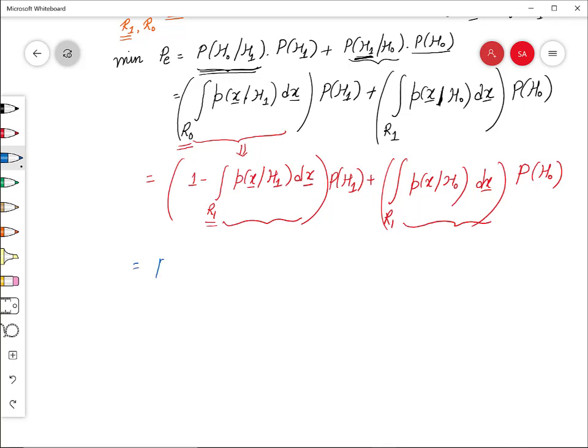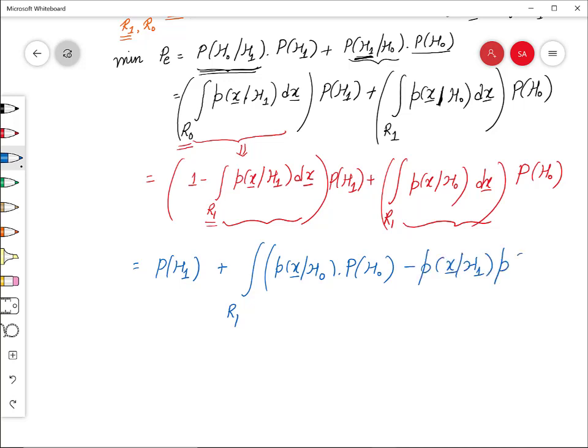So this will be equal to probability of H1 plus the integral over R1 of probability of X given H0 (sorry, it should be H0) times probability of H0 minus probability of X given H1 times probability of H1 dx.